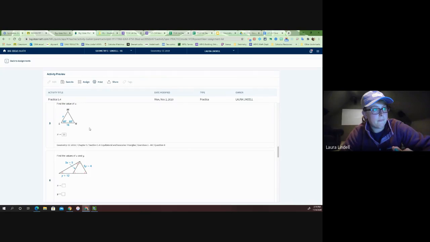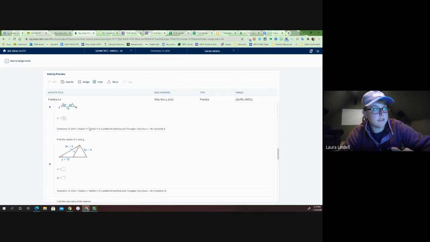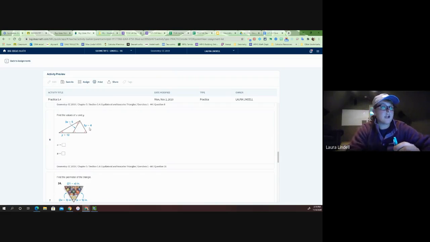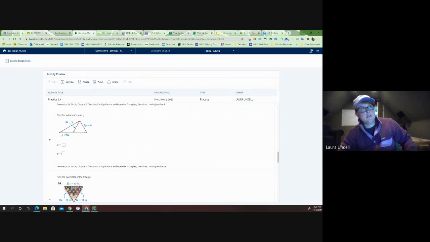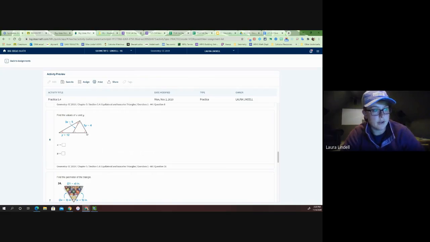Okay. The next one, though, number 6, we'll talk about. We have a bunch of angles that we know are congruent, and then we have a bunch of sides that we're trying to figure out what goes together, what things can we set equal. So, first off, notice that this is an equiangular triangle.